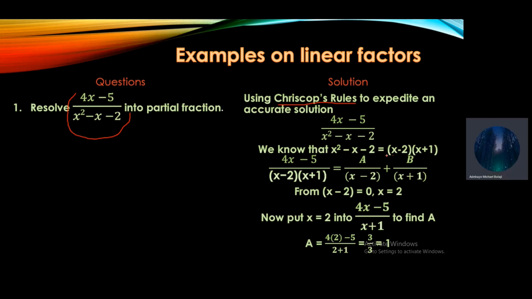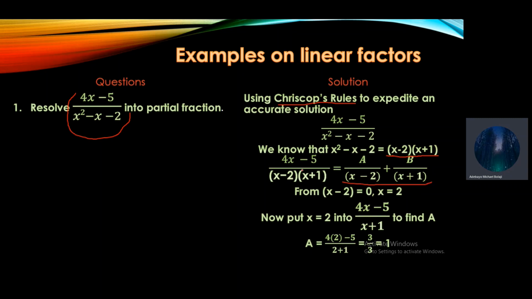So we find our factors, which are x minus 2, x plus 1. There's no shortcut for that, you must do that one. Then, instead of writing x squared minus x minus 2, we put our factors instead: x minus 2 in bracket x plus 1. Then we resolve this expression into this partial fraction.